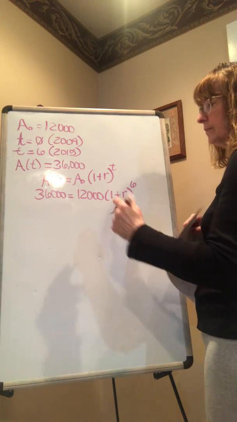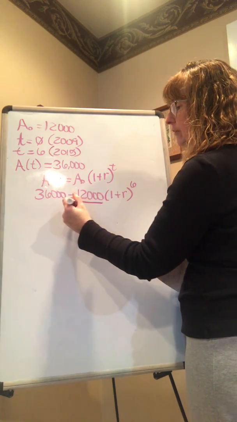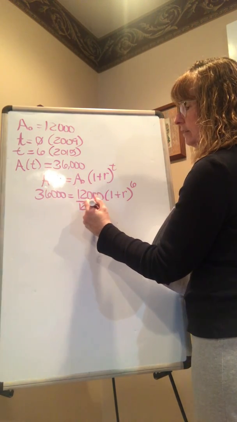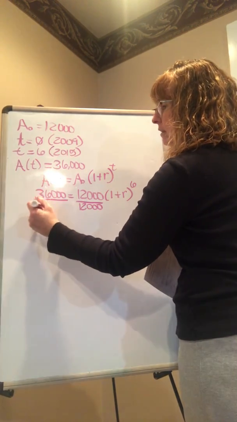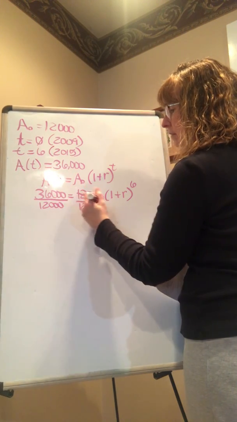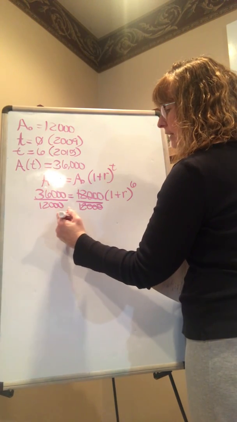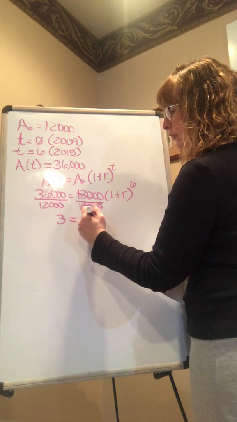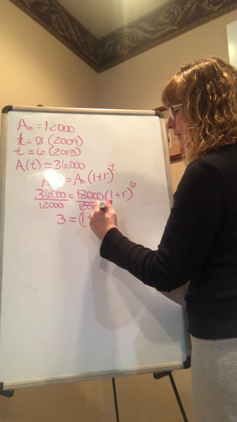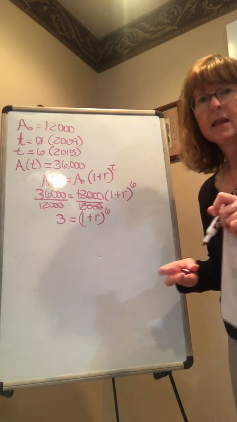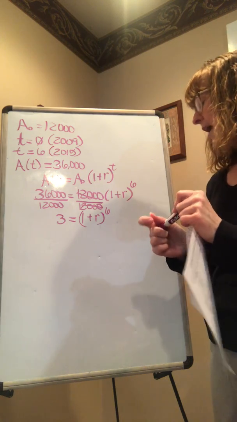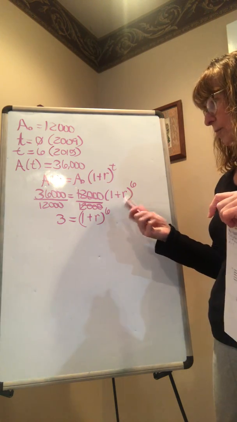We're solving. We absolutely have to divide out this $12,000. And we get 3 is equal to 1 plus the rate, still in a parenthesis, raised up to the 6th power. Now, we have to get rid of the 6th power.